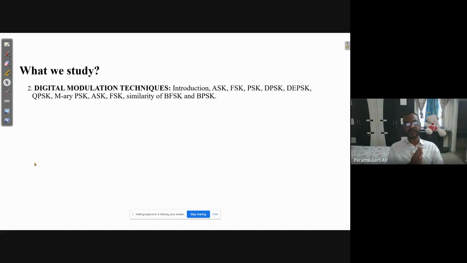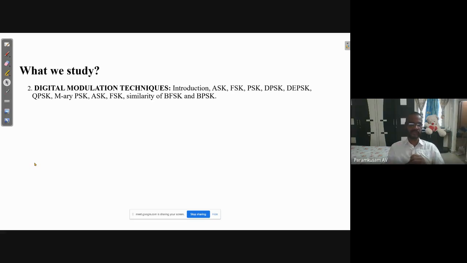Now, the question is whether you transmit this digital signal directly or with modulation. If you transmit that digital signal directly, that is called baseband communication. If you transmit that digital signal after modulation, that communication is called band pass communication.